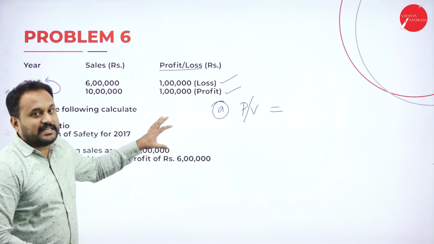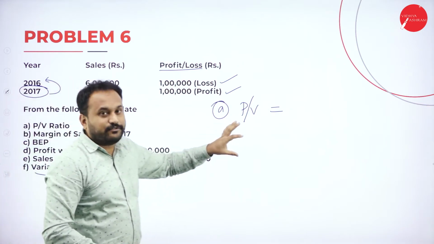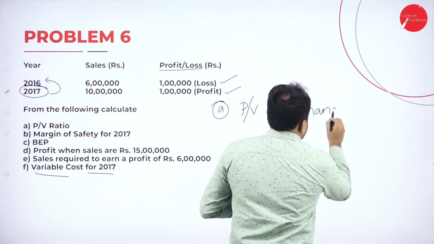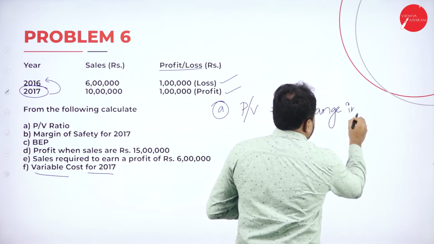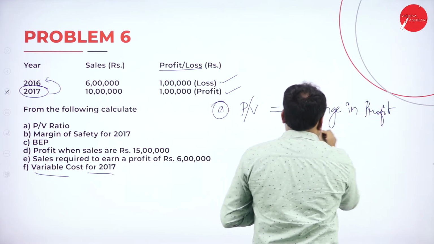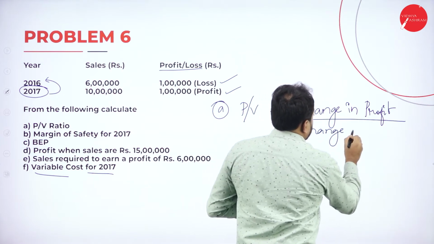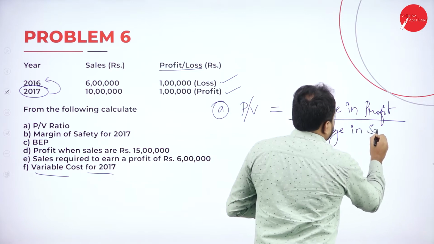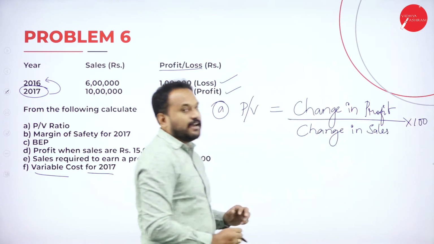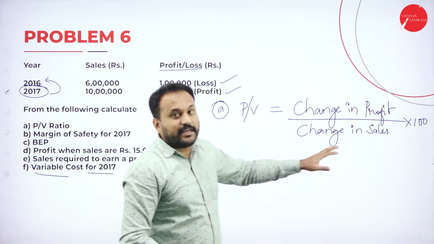When 2 years sales and 2 years the profit or the loss is given, the formula remains the same, that is change in profit divided by change in sales into 100.